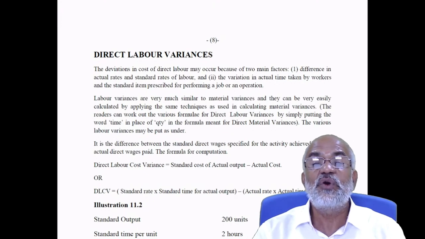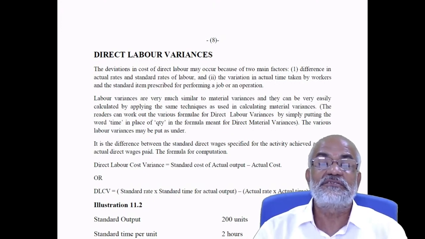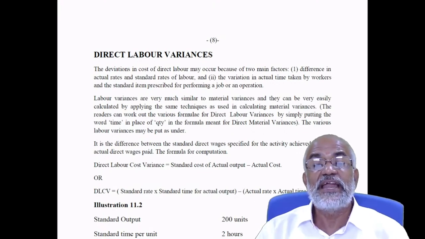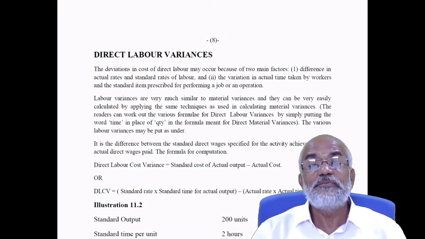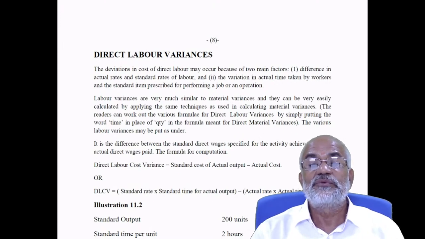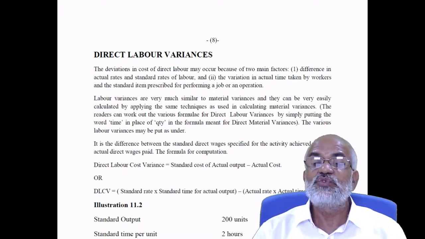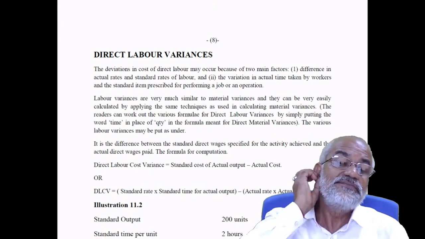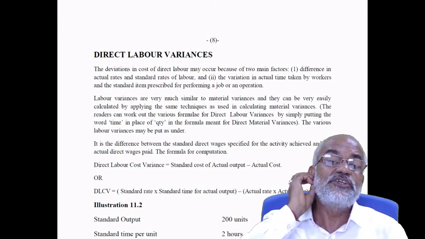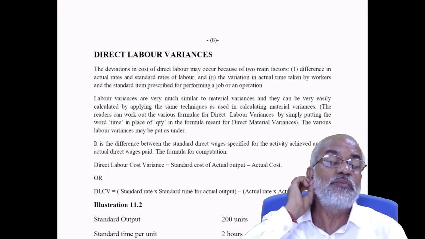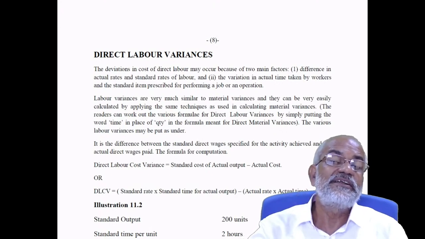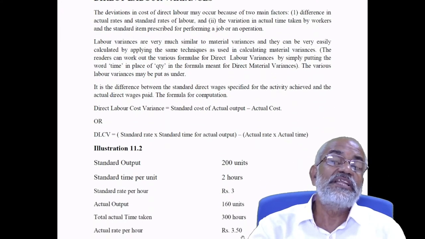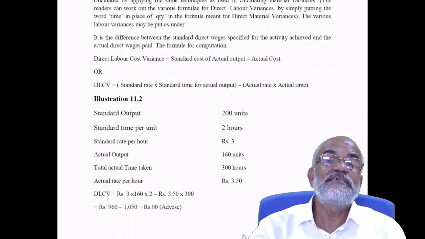In other words, direct labor cost variance is equal to standard rate into standard time for actual output minus the actual rate into actual time, that is actual cost. Actual cost, when it is deducted from the standard cost of actual output, gives rise to the direct labor cost variance.